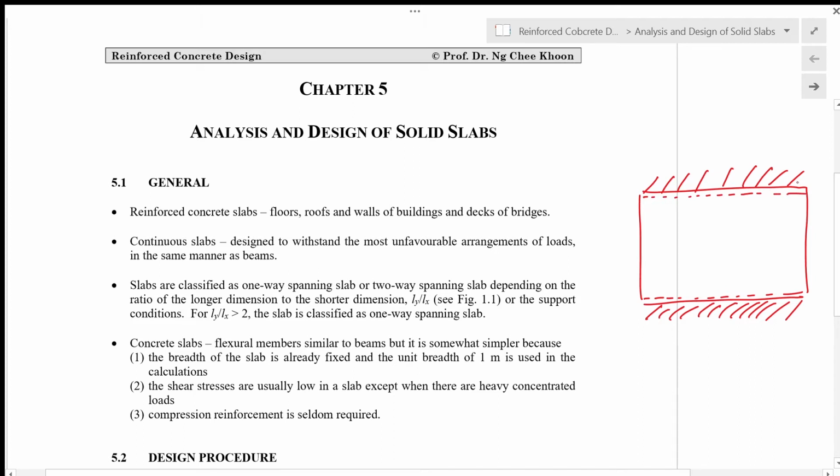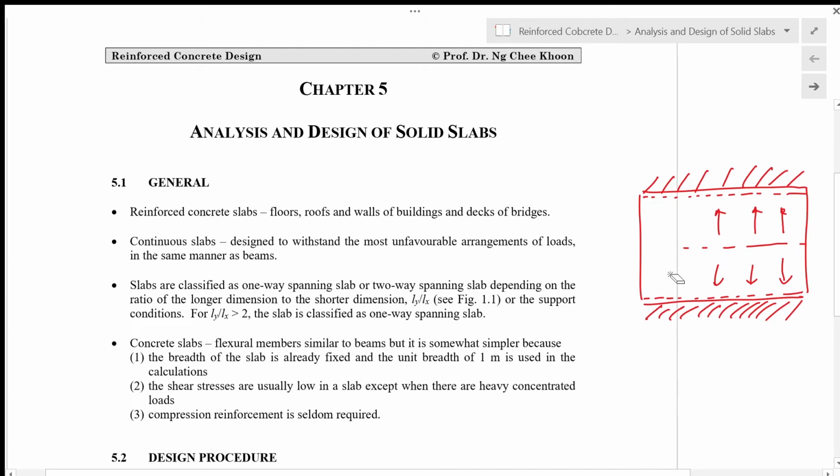The load transfer is this way: half of the load will go to the beam above and half of the load will go to the beam below on plan.